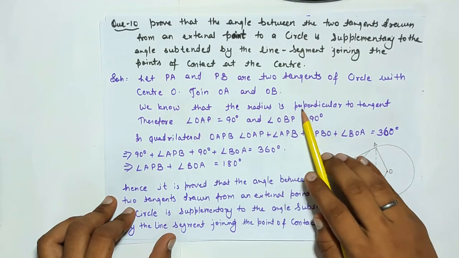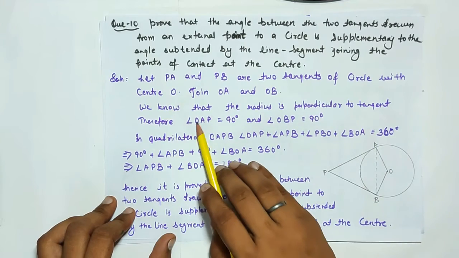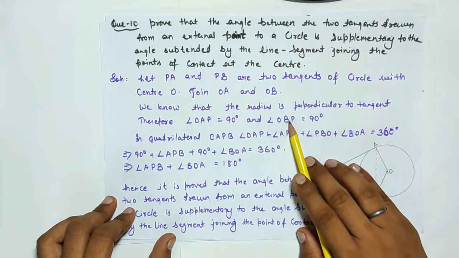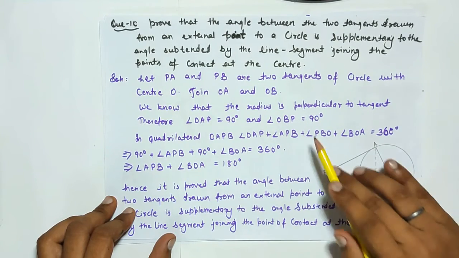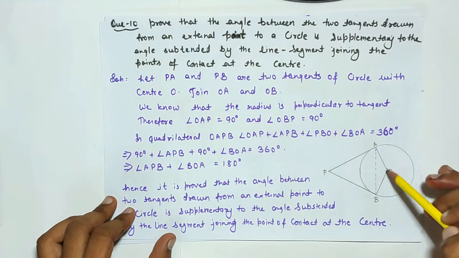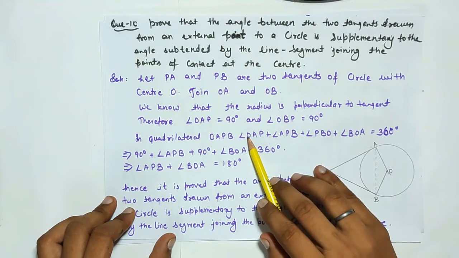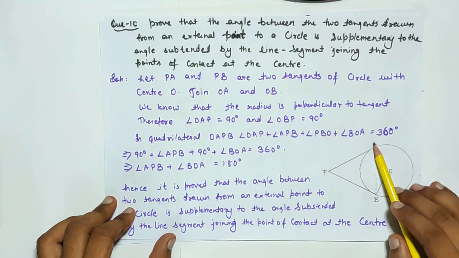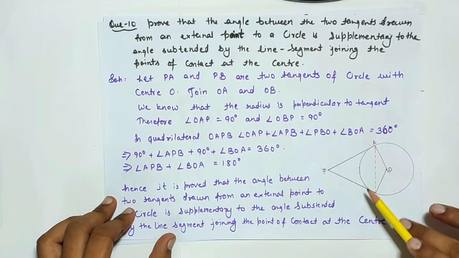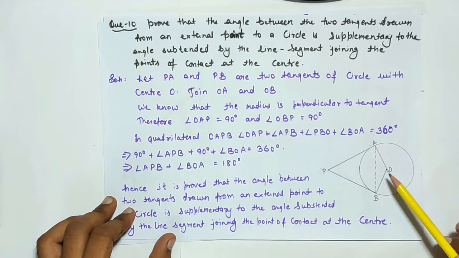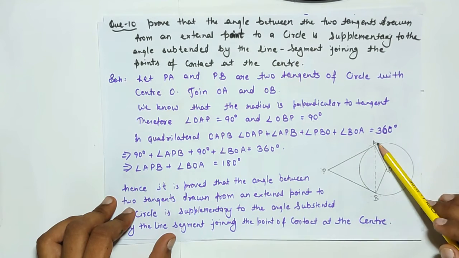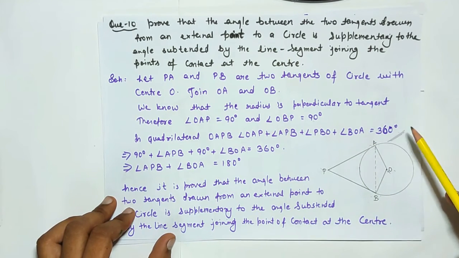We know that the radius is perpendicular to the tangent, therefore angle OAP is 90 degrees and angle OBP is 90 degrees. In quadrilateral OAPB, angle OAP plus angle APB plus angle PBO plus angle BOA is equal to 360.